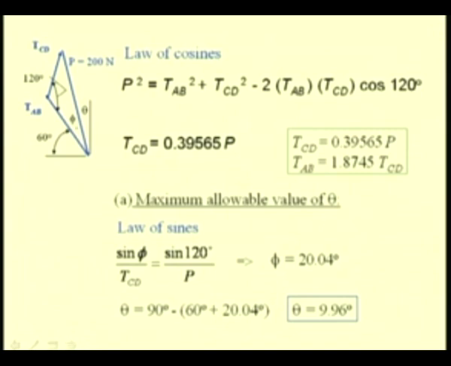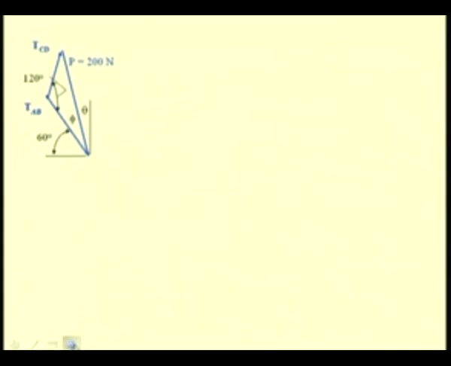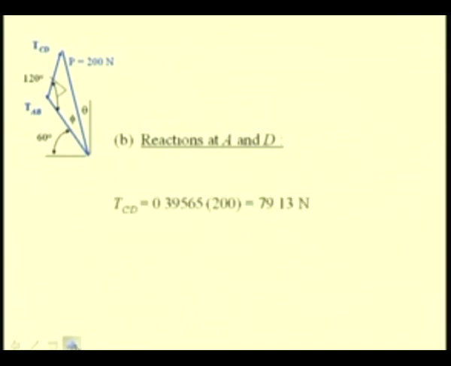From this diagram, now we can determine these two tensions TCD and TAB, which are nothing but the reactions at A and D. They are 79.13 Newton and 148.33 Newtons.